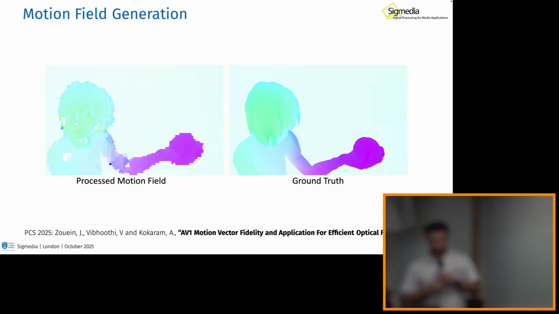So on the left, you have the processed motion fields extracted directly out of the AV1 bitstream. And on the right, you have the ground truth optical flow. So you can see that the processed motion field out of AV1 is really, really close to the ground truth optical flow, telling you how good motion vectors in AV1 can be.